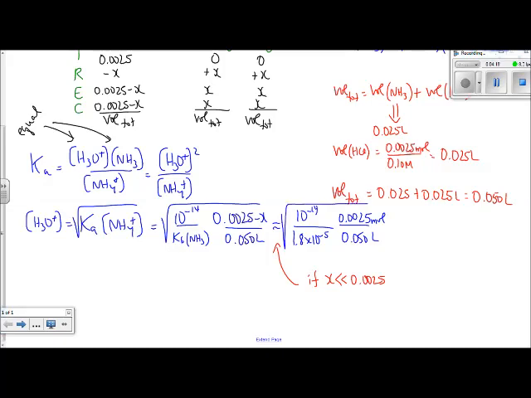We take the square root of all of that and we get a molarity of H3O+. And from that molarity, we take minus the log of that value to generate our pH, an acidic pH as we expect.